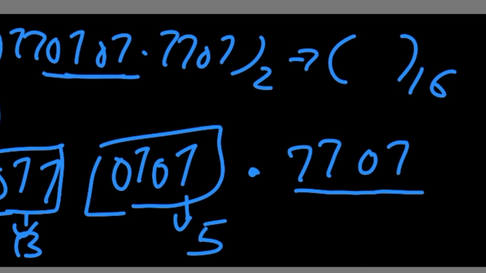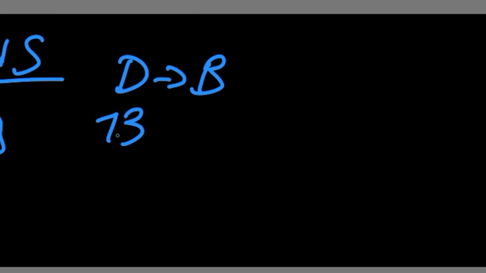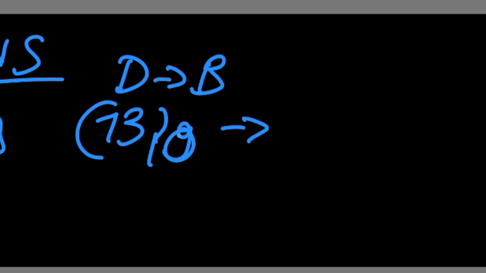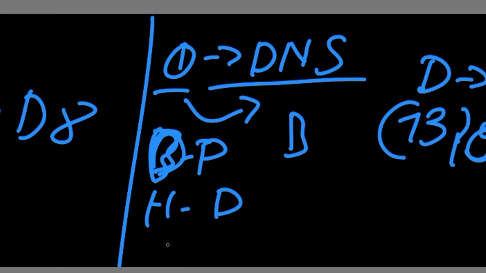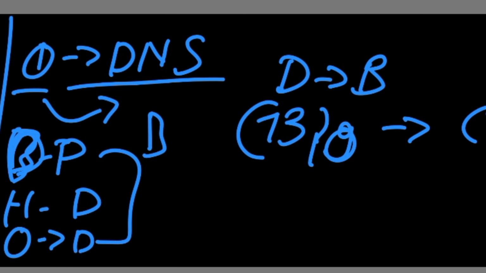Let's start with binary. How do we convert a number into the decimal number system? For any number, whether binary to decimal, hexadecimal to decimal, or octal to decimal, it doesn't matter.